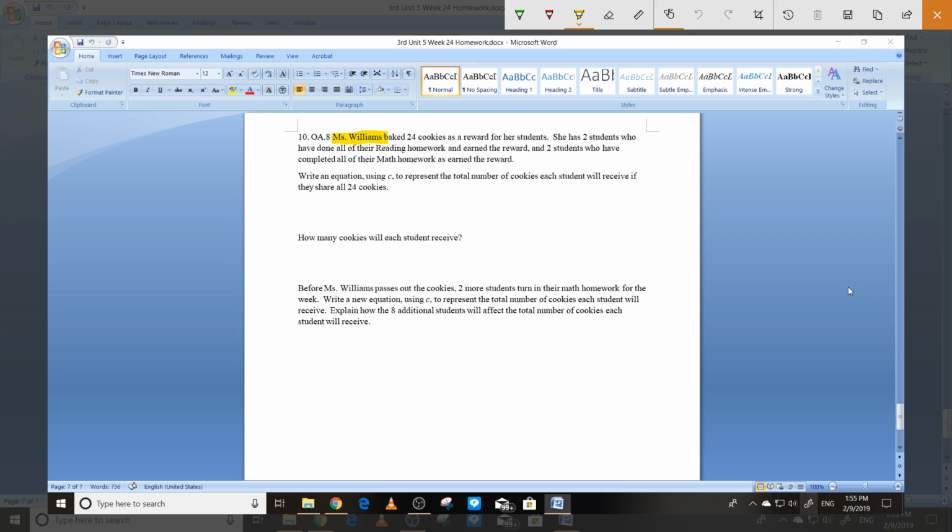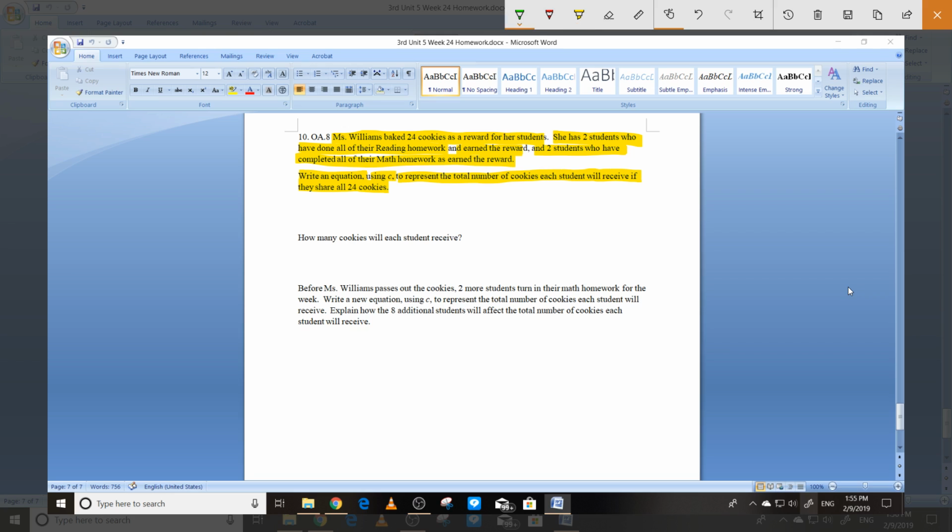Let's read it. Miss Williams baked 24 cookies as a reward for her students. She has 2 students who have done all of their reading homework and earned the reward, and 2 students who have completed all their math homework and earned their reward. The first part says write an equation using C to represent the total number of cookies each student will receive if they share all 24 cookies.